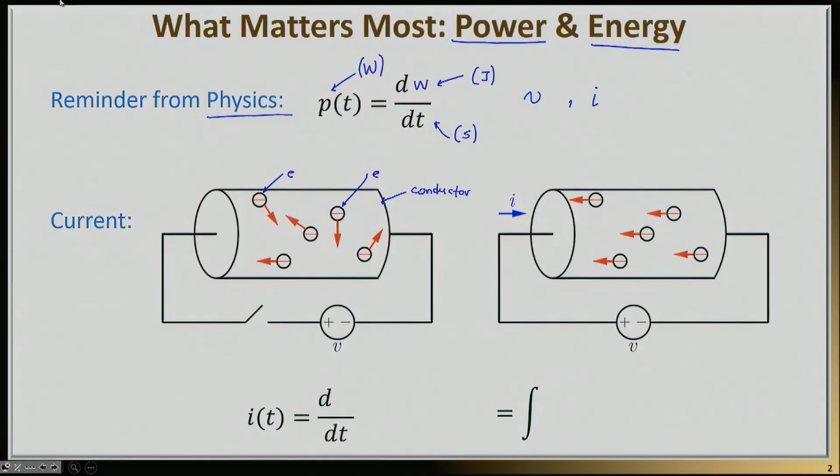If you're looking at this conductor at some temperature T, you will find that those electrons are in random motion. They will be going in all kinds of different directions, and the net result is basically a zero net flow of electrons.